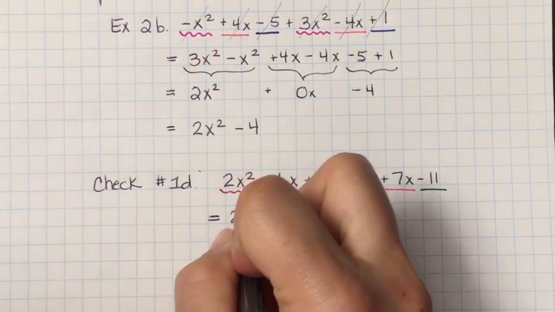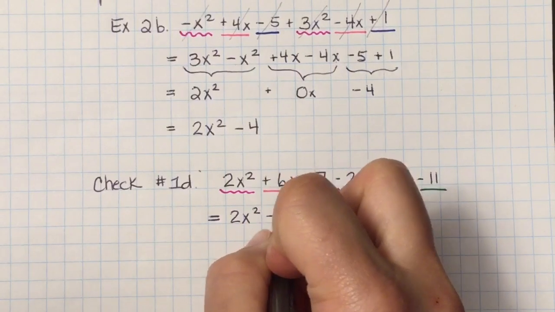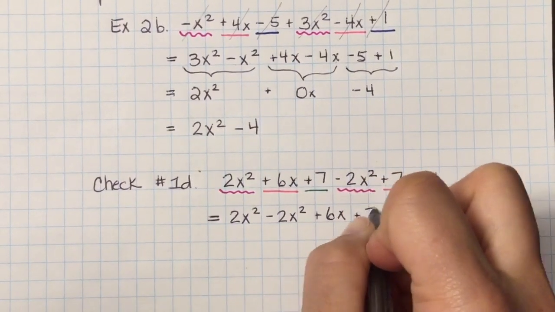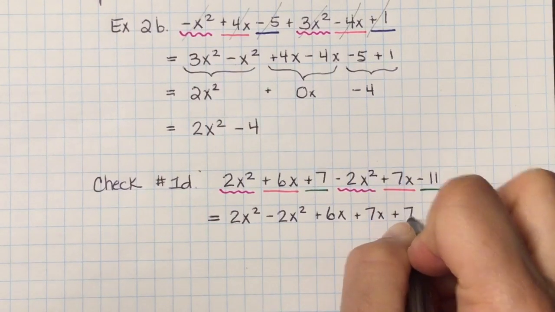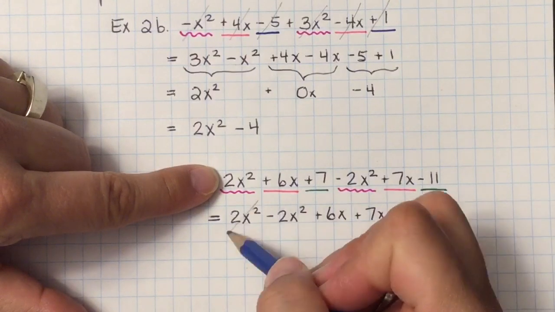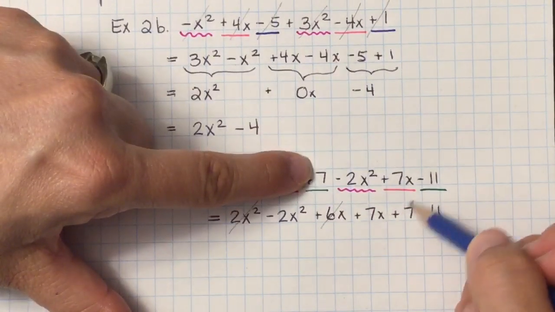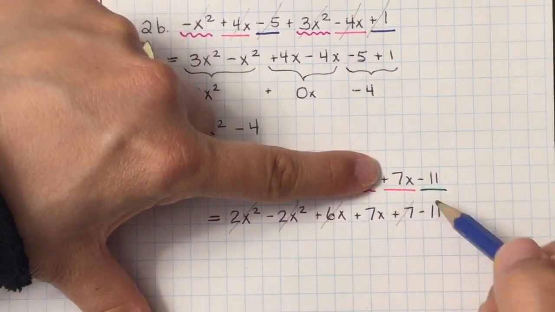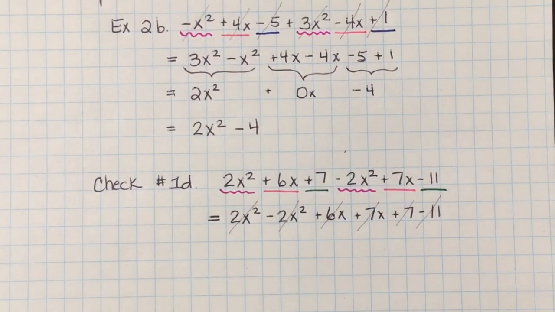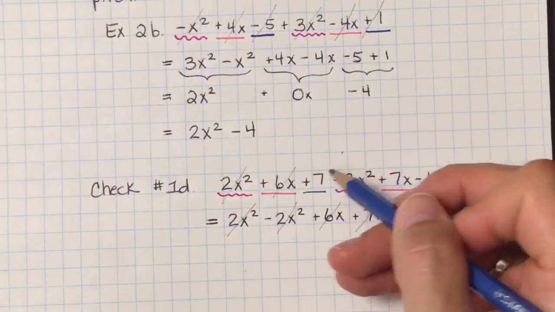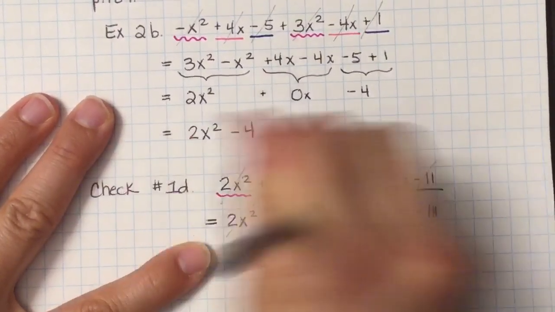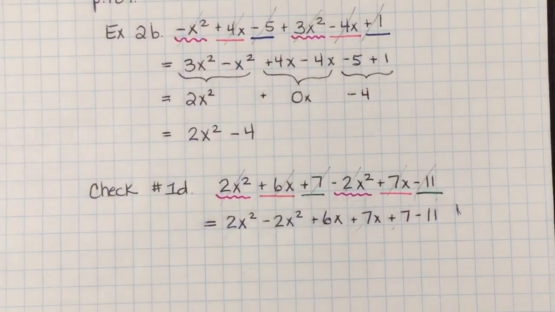So I have 2x squared minus 2x squared plus 6x plus 7x plus 7 minus 11. Now just double check to make sure that I wrote them all down. It also gives you a chance to make sure you copied them down correctly as well. Oh, I crossed off the wrong ones. Oh, that happens.